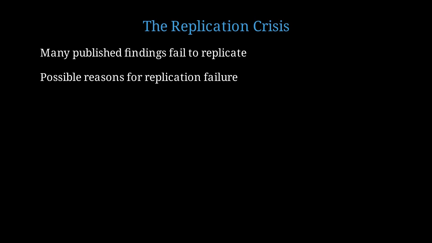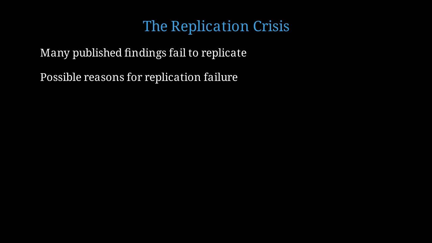Finally, let's discuss why even well-controlled experiments sometimes fail to replicate. In recent years, researchers have discovered that many published findings cannot be replicated. Even studies with apparent proper controls sometimes don't hold up. Why does this happen? Sometimes the original study had hidden confounds. Sometimes it was a statistical fluke.